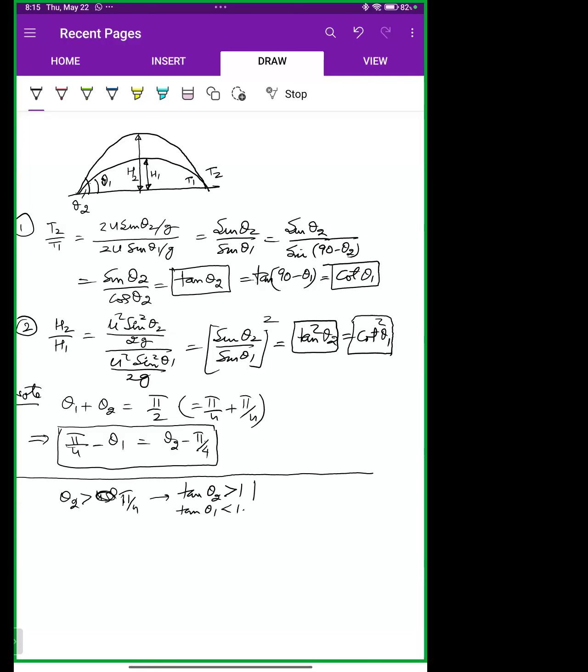In such a case, H2 is greater than H1 and T2 is greater than T1. Remember this. The one which was thrown at a bigger angle, that projectile will go to a bigger height, and also it will take more time of travel, but range will be same.